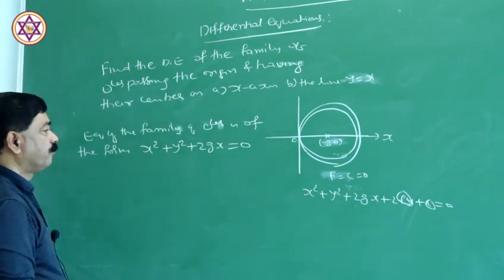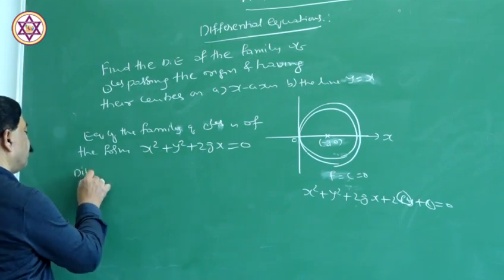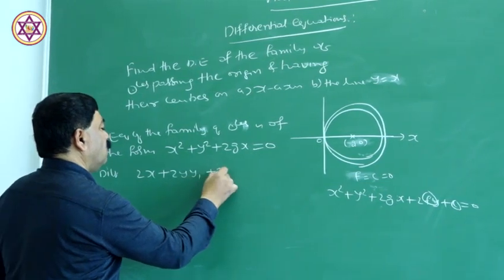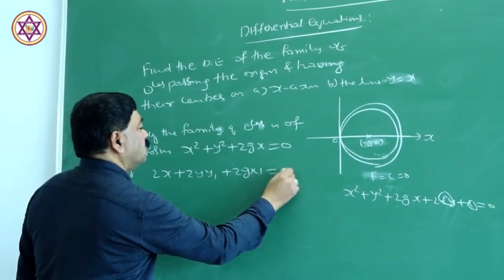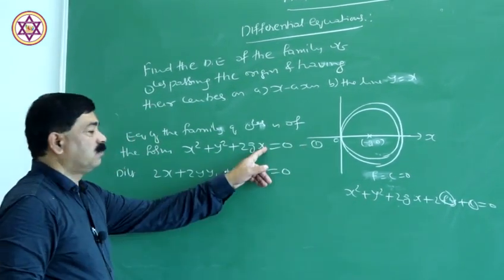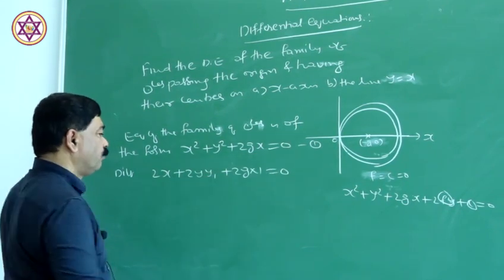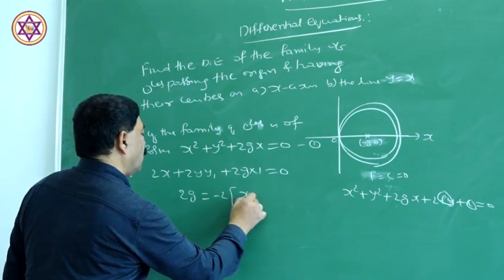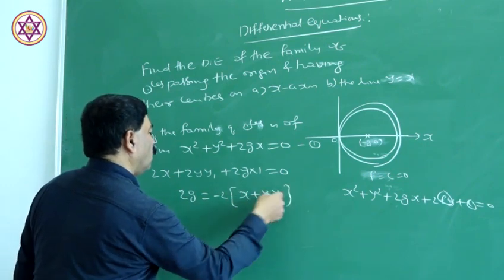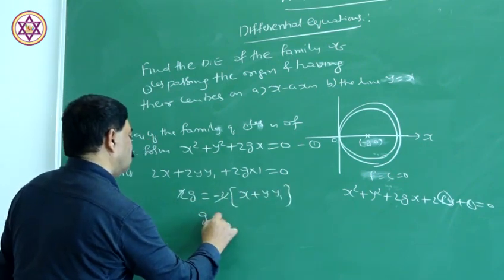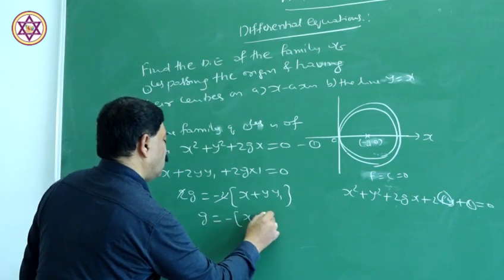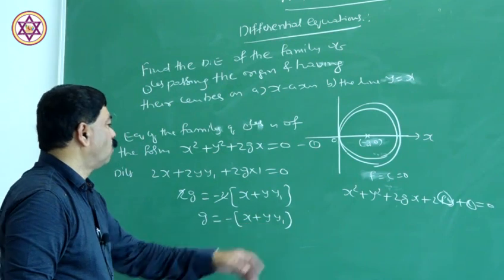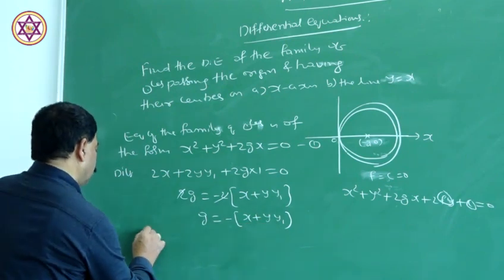So, I am taking this. Now, differentiate. So 2x plus 2y y1 plus 2g into 1 is equal to 0. This equation we call it 1. So 2g is equal to, if we take 2 common, minus of (x plus y y1). 2 gets cancelled, g is equal to minus of (x plus y y1).